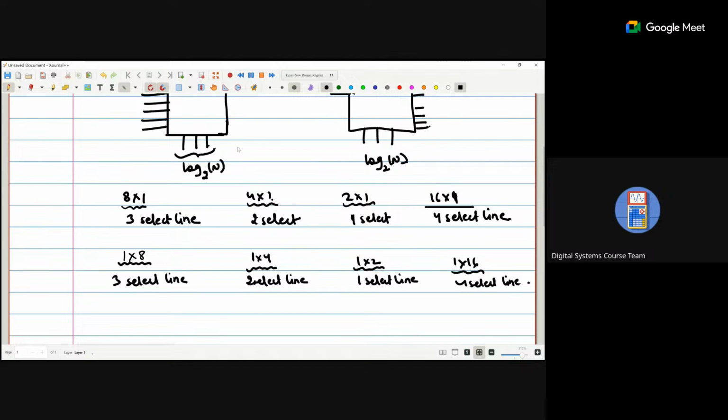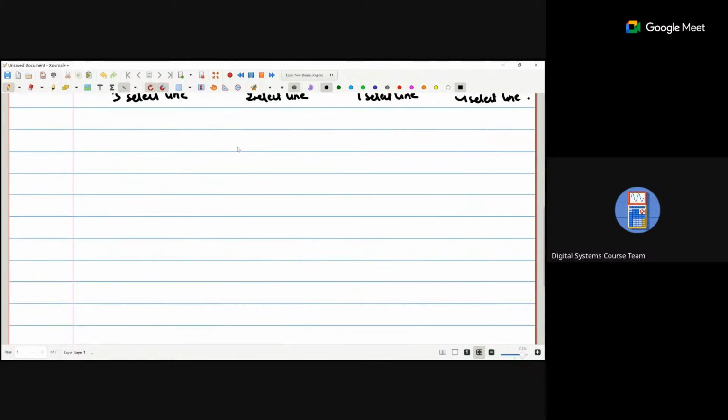Now, in mux and demux design we have three types of problem. One is from lower order to higher order. This is the first type of case.